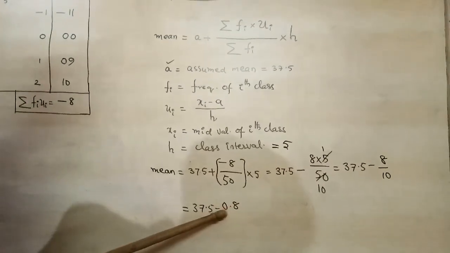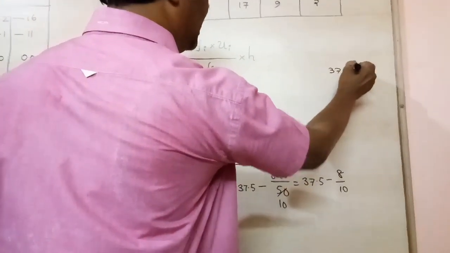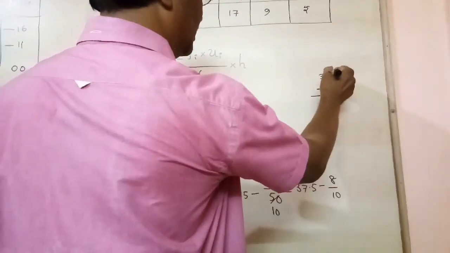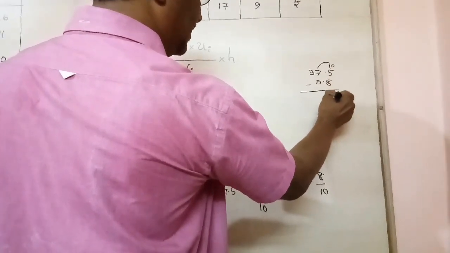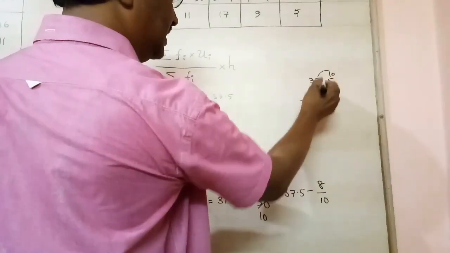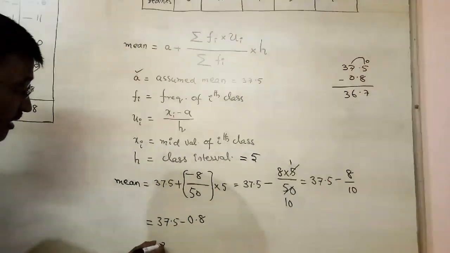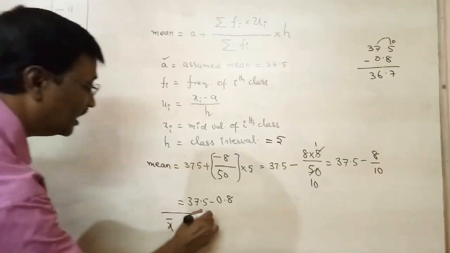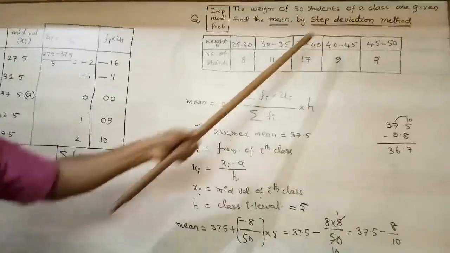Now subtract 0.8 from 37.5, and we get 36.7. This is the arithmetic mean of the given data by using the step deviation method.